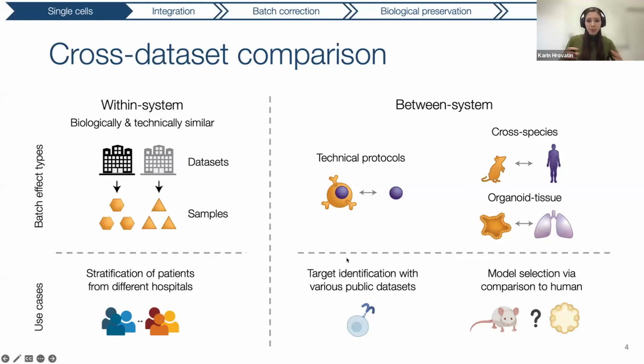In that case, we need to compare a lot of different data sets that differ both in biology and technology. Similarly, if we want to select the best possible model system, we will need to compare different models, so animals and organoids, to the primary human tissue. All these differences are much larger than what you can see on the left. Therefore, I will call them substantial batch effects in the rest of the talk.